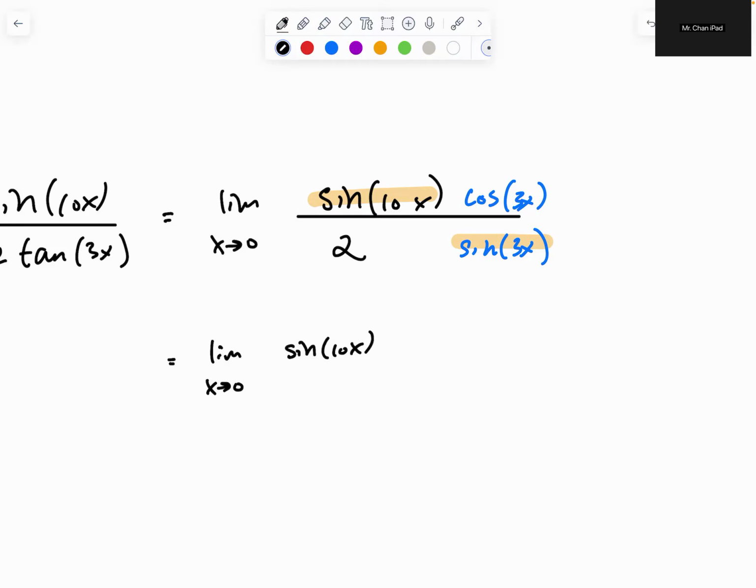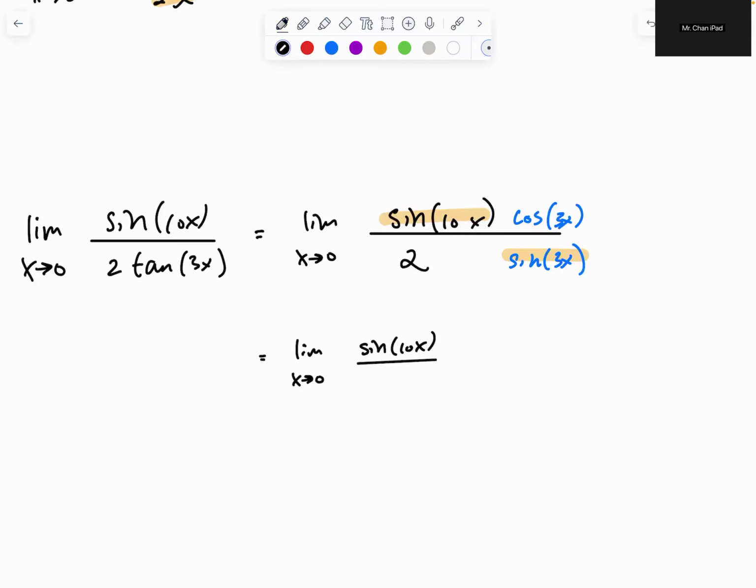Because tangent is in the denominator, as you divide by sine over cosine, you multiply by the reciprocal. So what we're going to do is split this into 3 separate fractions, and at the same time, I'm going to put the 2 in the very front.